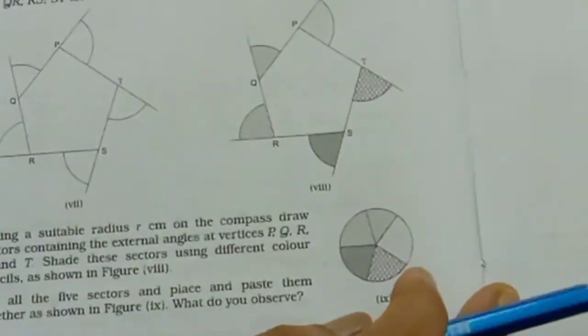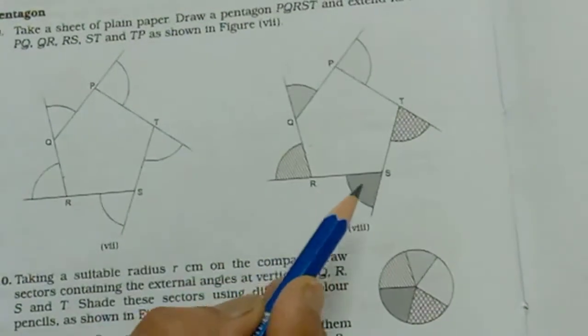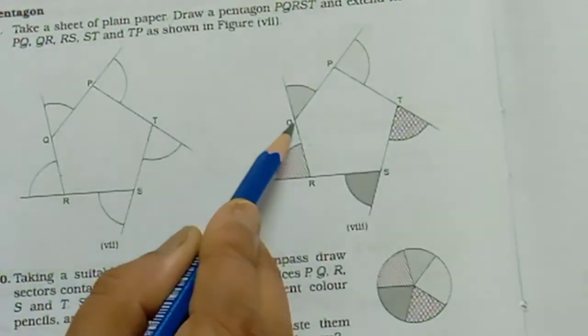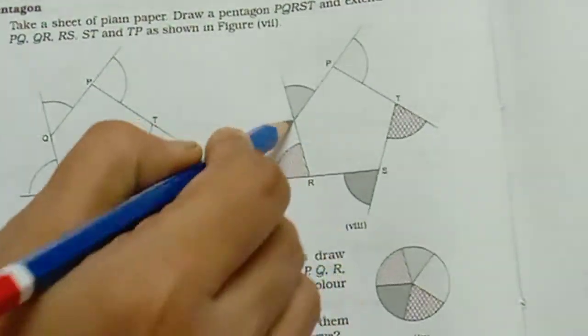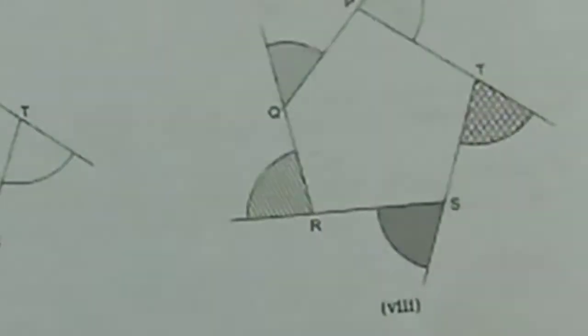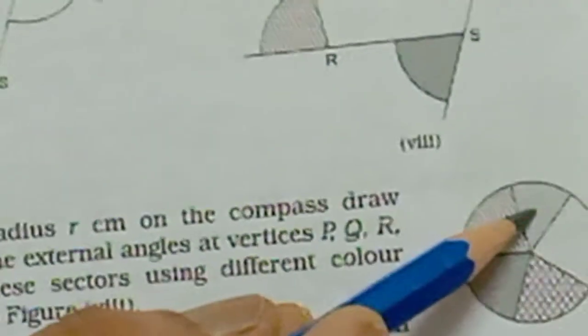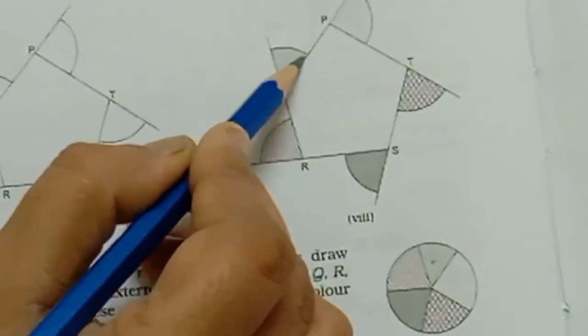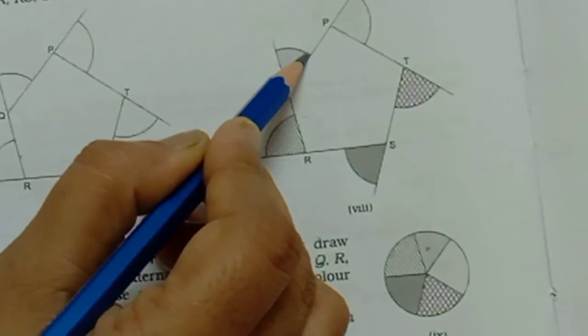See, you have started moving from R. So you are going to this point and you turn by this angle. See, this is our angle. This portion I have added here. You have turned from R to this angle. That means you have turned in this part.